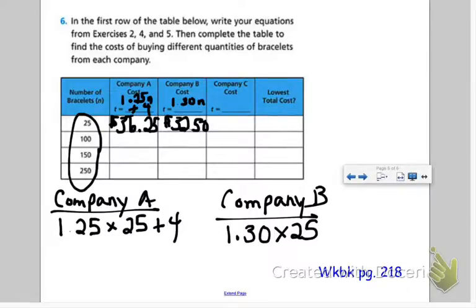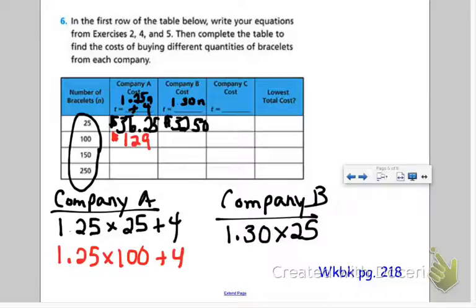What if I'm buying 100 bracelets? Well, if I go back to company A, I have to do $1.25 times the 100 bracelets plus 4. $1.25 times 100 plus the $4 for shipping is going to cost me $129.